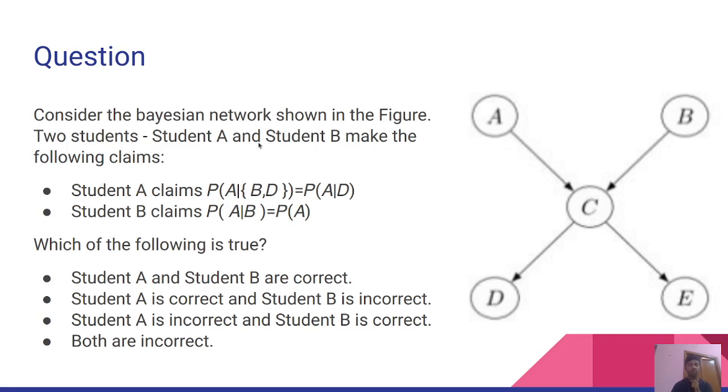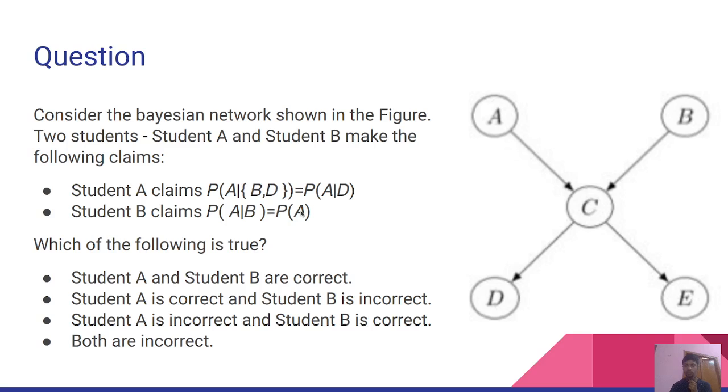One student is saying that P of A given B and D equals P of A given D. Another student is saying that P of A given B equals P of A. Again, here there is no condition, P of A given nothing, so we are assuming that other variables are not known. Okay, so this is the second claim.